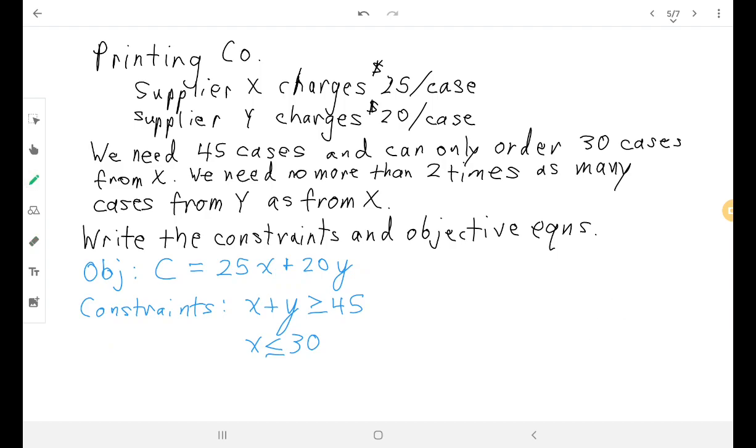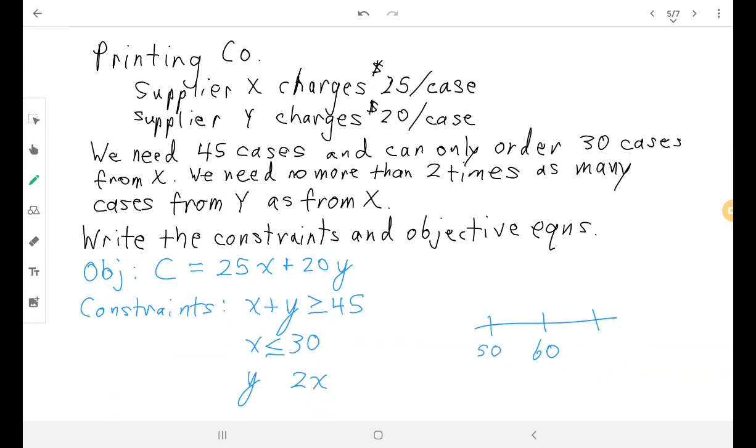Now, here's the real crazy part. We need no more than 2 times as many cases from y as from x. So what is our y constraint? Well, it's 2 times our x's. So let's say that we order 30 cases from x. That would be 60 cases from y, right?